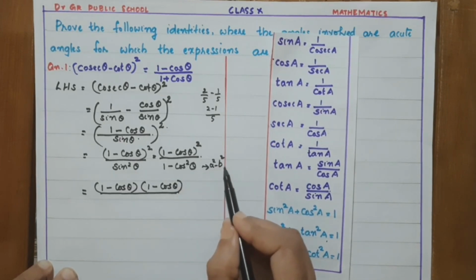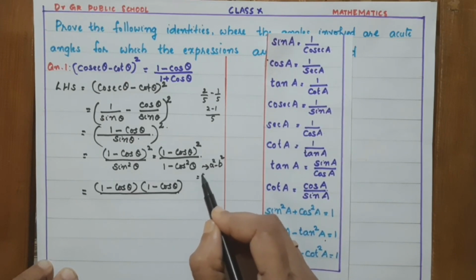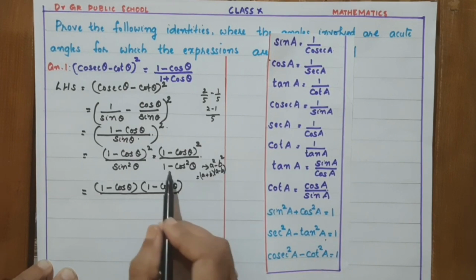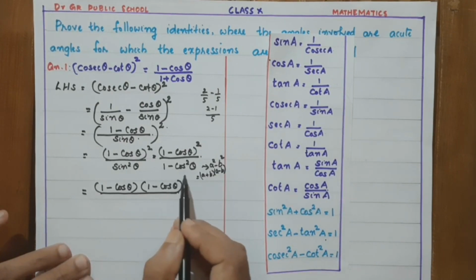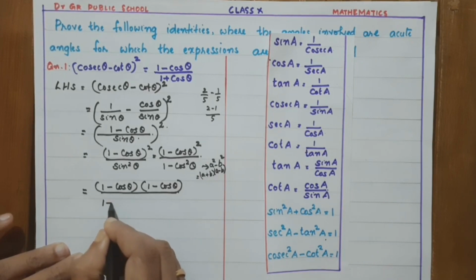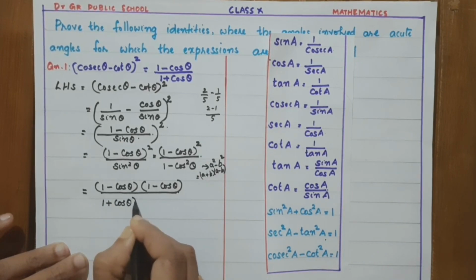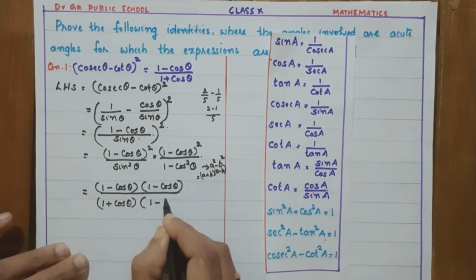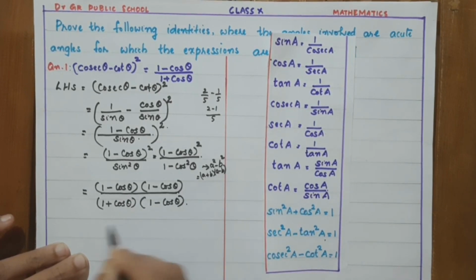So what is A square minus B square? A plus B into A minus B. So how can we write this? 1 minus cos square theta can be written as A plus B, that is 1 plus cos theta, multiplied by A minus B, 1 minus cos theta.